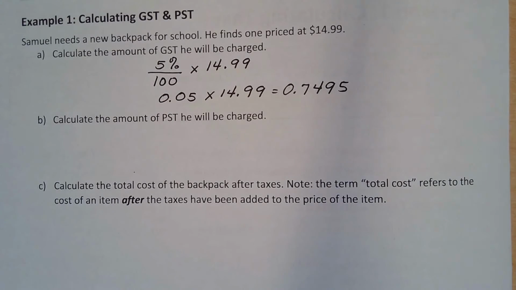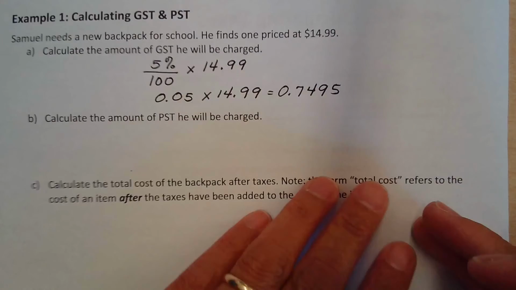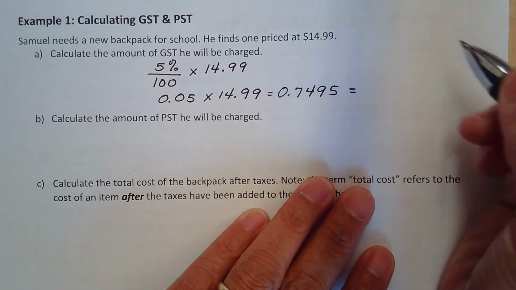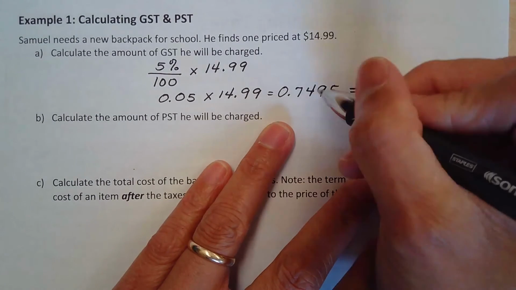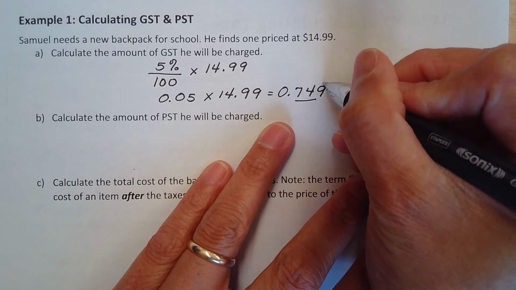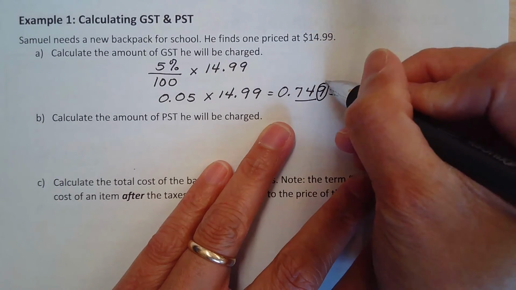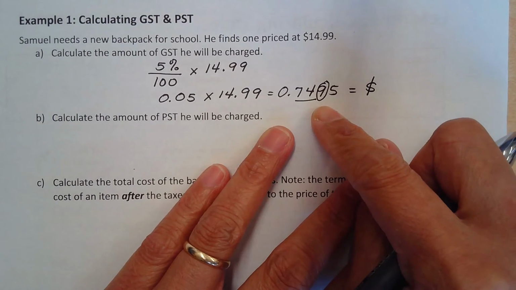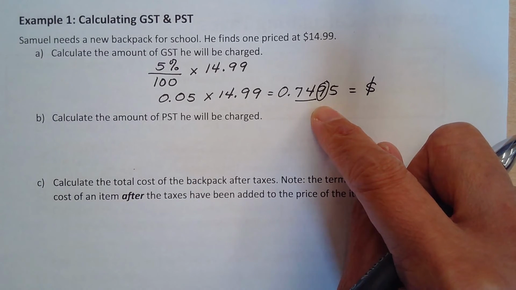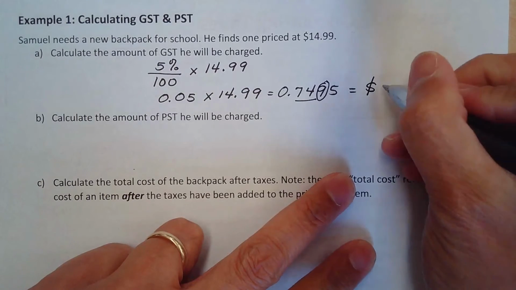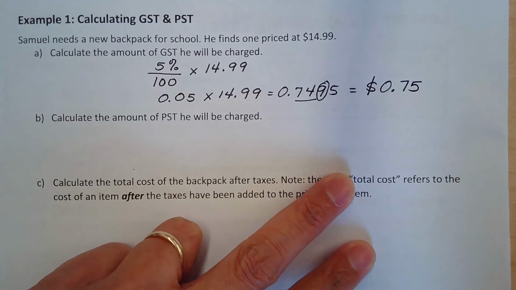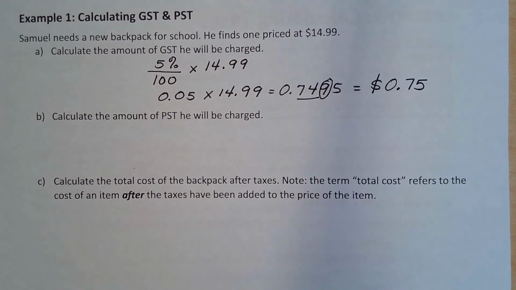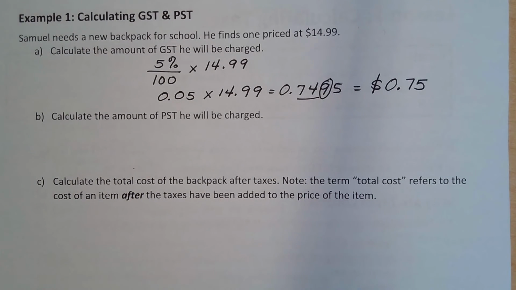I look at the next number. If the next number is 5 and up, you add 1. So that would be $0.75. So 75 cents on that backpack for GST.